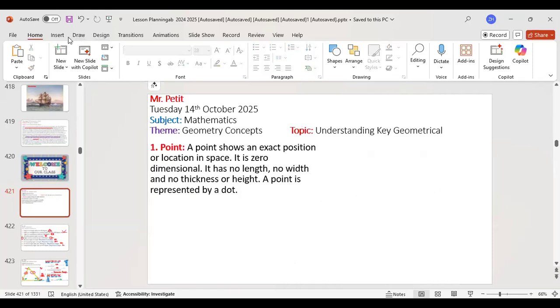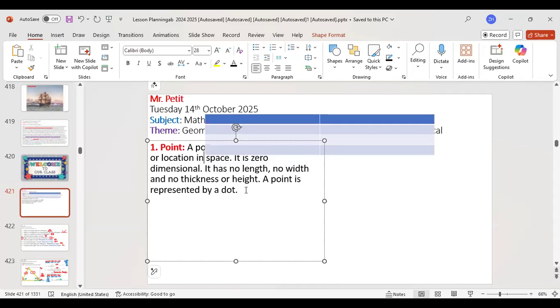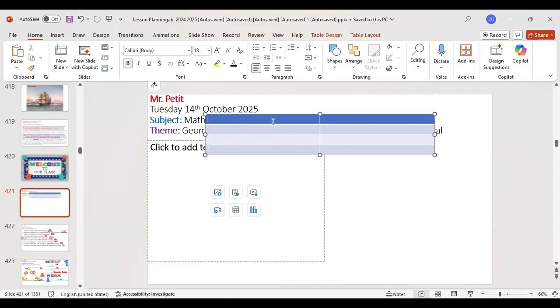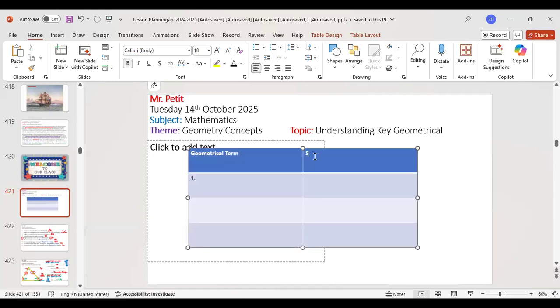So let me try, we should put it in a table. Okay, let's do it like a table thing. So we have geometrical term, and then I think I should organize it like this. So geometrical term, and then we can call this the shape or representation.